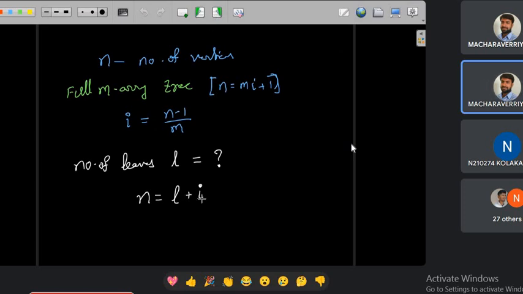All right. So including the root vertex, we have i internal vertices. Okay, this i is including the root vertex. And when it comes to L, this represents the number of leaves. So the number of leaves plus i will be equal to n. All right. So we would like to find L here. Okay. So L is nothing but n minus i.